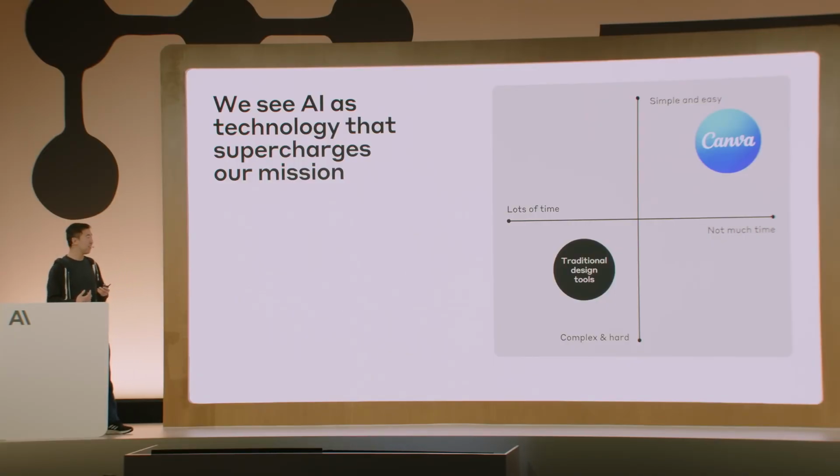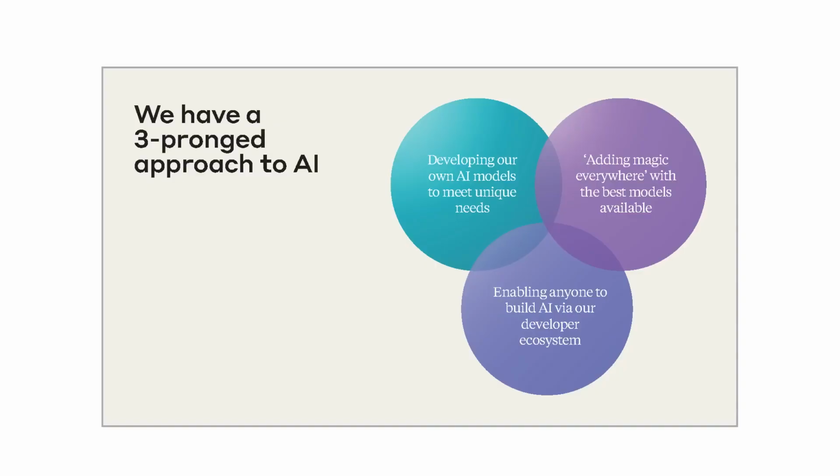And as I'm sure you all know, the power of generative AI is really helping us accelerate on all of those fronts. So when it comes to our AI strategy, we have a three-pronged approach. For specialized things like design generation and visual understanding, that's where we're really investing our efforts into developing our own models for our unique needs. But we're also huge fans of a flexible approach where we add magic everywhere to the Canva product through the best commercially available and open source models.